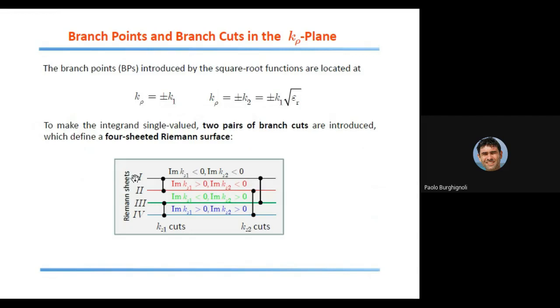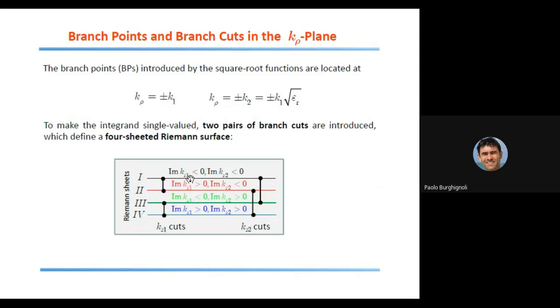The first sheet, also known as the top sheet, is the sheet where the determination of the square root is such that the imaginary part of the wave number is negative for both wave numbers kz1 and kz2. Whereas, for example, if you go from 1 to 2, so you go now to the red sheet here, in this red sheet, the imaginary part of kz1 has become positive, okay?